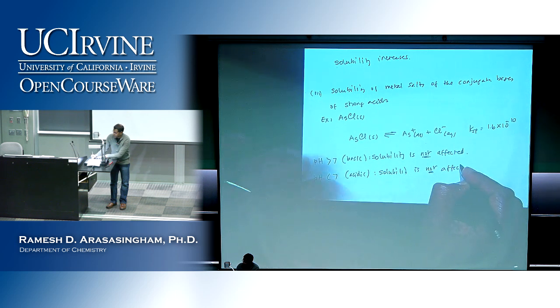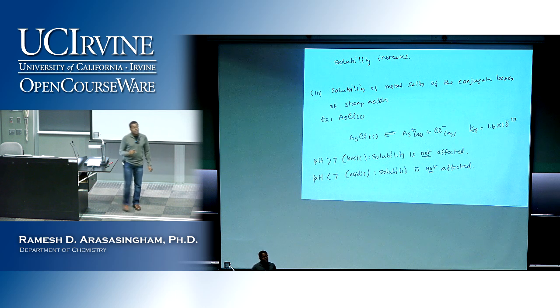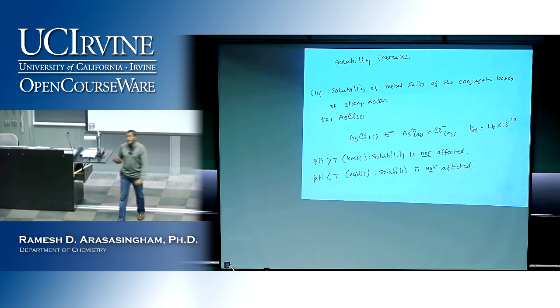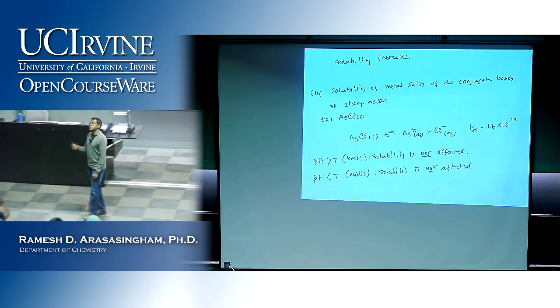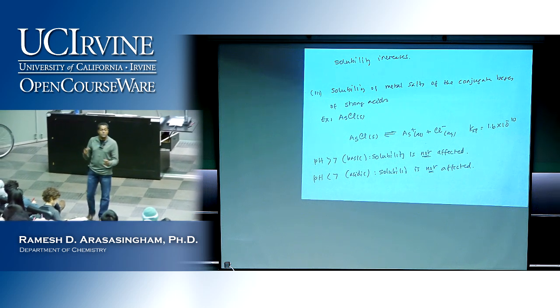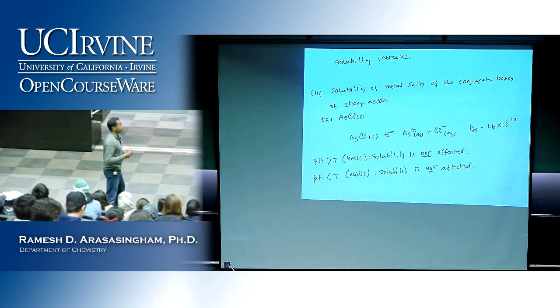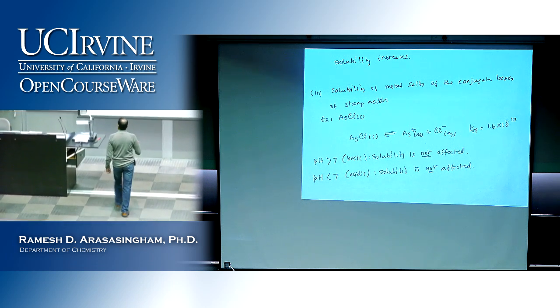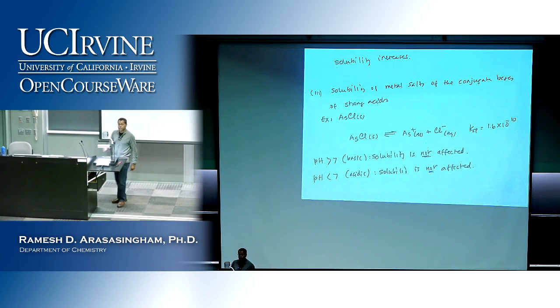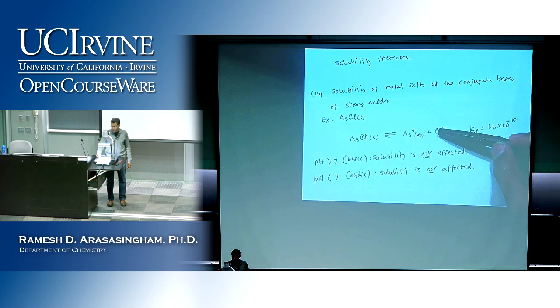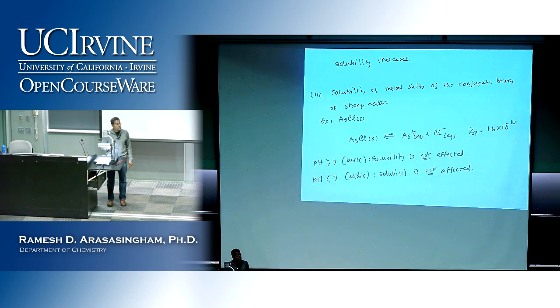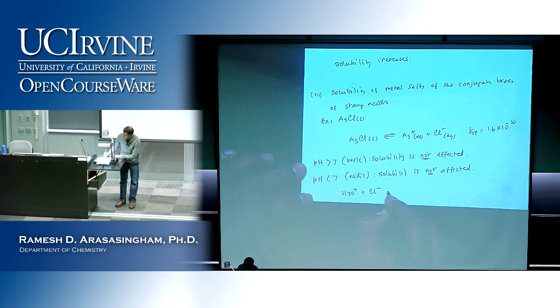So if you take salts where the anion is the conjugate base of a strong acid, it's not affected by pH, either acidic solution or basic solution. The reason is that in the case of base, if you have hydroxide, the presence of hydroxide is not going to affect chloride. But if it's acidic, you have hydronium ion plus Cl minus.